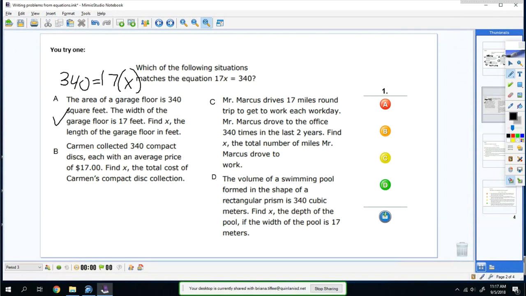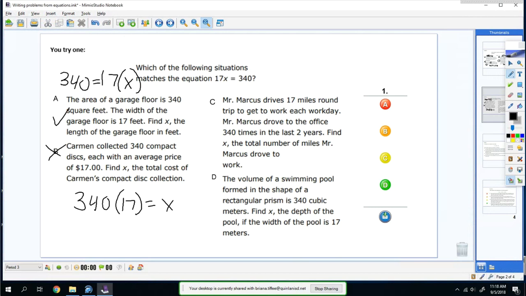Well, let's just prove B, C, and D wrong. B, Cameron collected 340 compact discs, each with an average price of $17. Find X, the total cost of the compact discs. Well, he has 340, I'm going to say CDs. Each CD costs $17, so he wants to find the total price. All you have to do is 340 times 17, and you get X. That's not close at all.